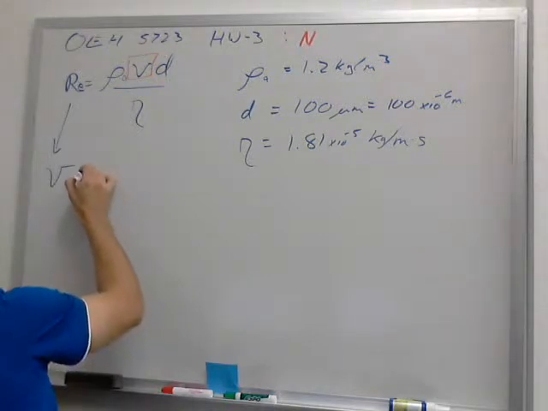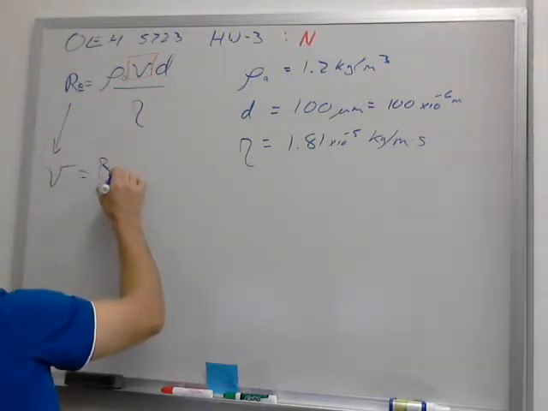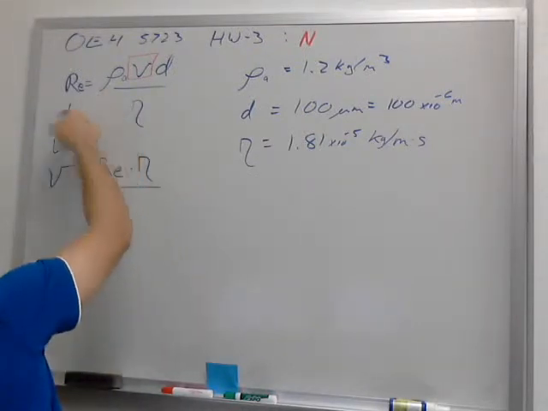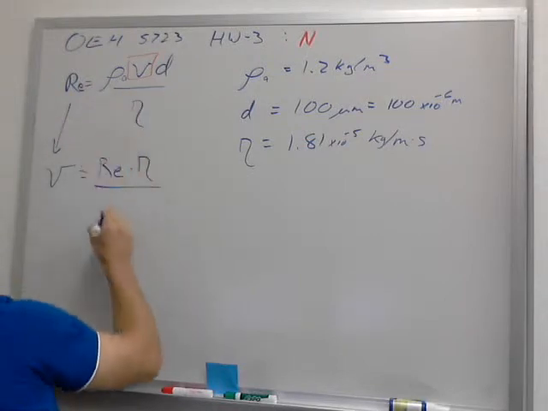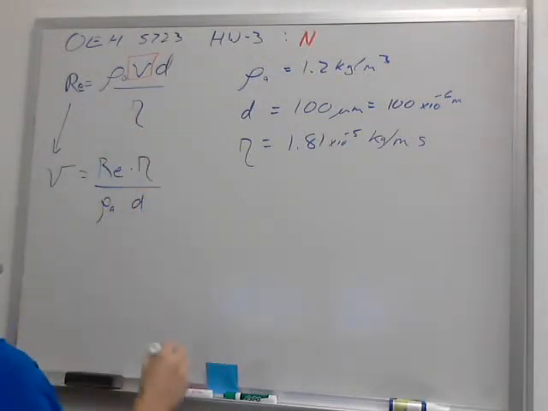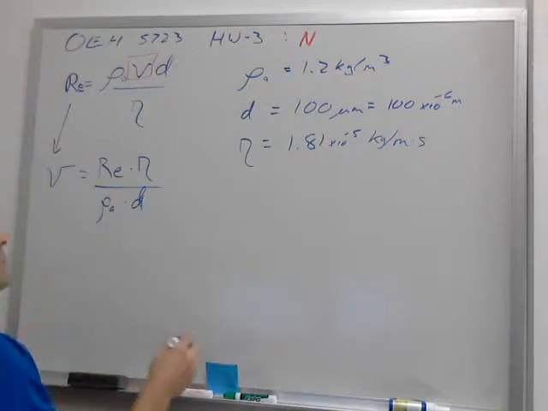Our velocity is going to be equal to Reynolds number times viscosity divided by, this has to come over, this has to come over, the density of air and the diameter that's being displaced. Okay, so now we can plug in and see what we get.